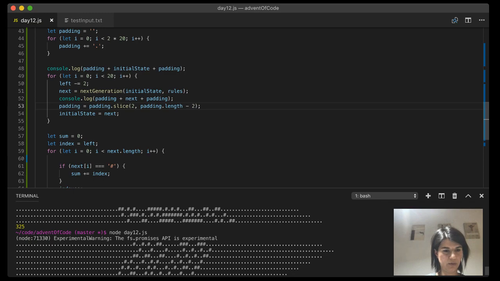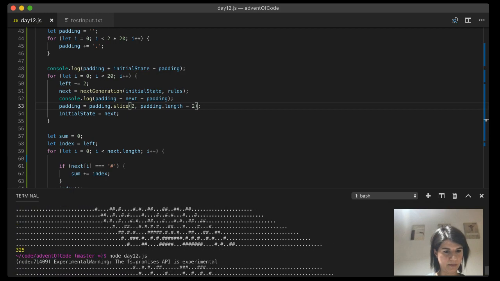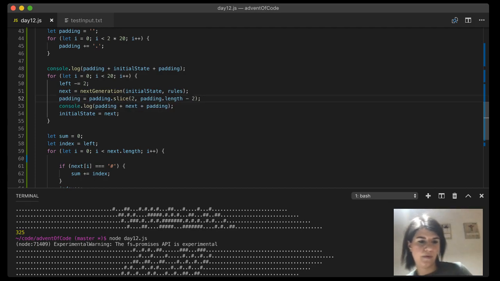Am I cutting off too much from padding? The first one has a padding of 40, and then the next one should have a padding of 38.